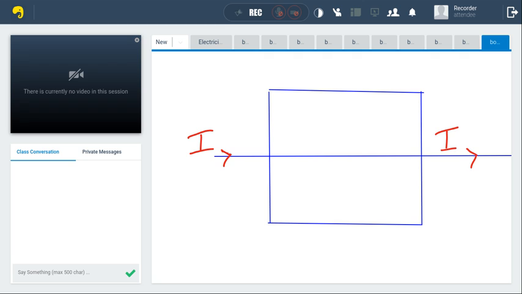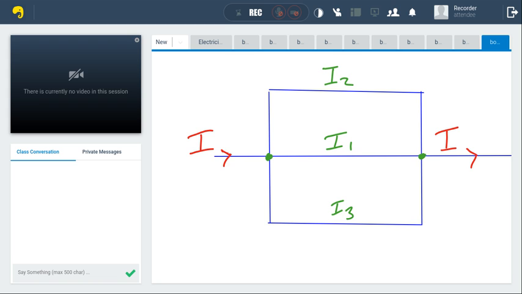Now, obviously the same currents. To match what I did with the voltages, I'm going to describe them this way.